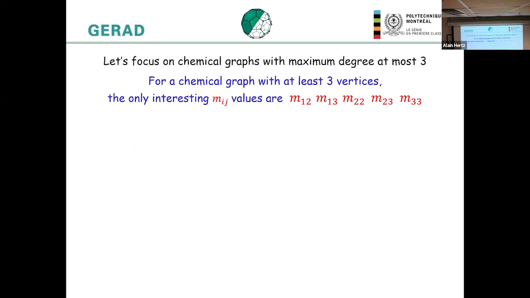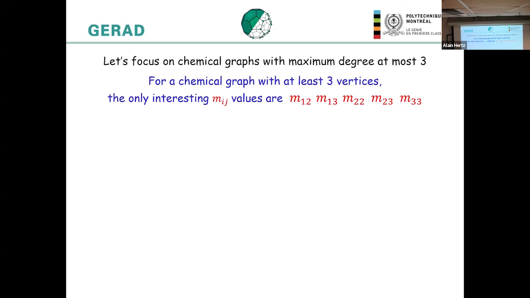So since we have maximum degree at most 3, this means that we have only 6 variables: M11, M12, M13, M22, M23, and M33. But one of them, M11, is not interesting, because if you have M11 larger than 1, so an edge linking a vertex of degree 1 to a vertex of degree 1, this is just an edge.